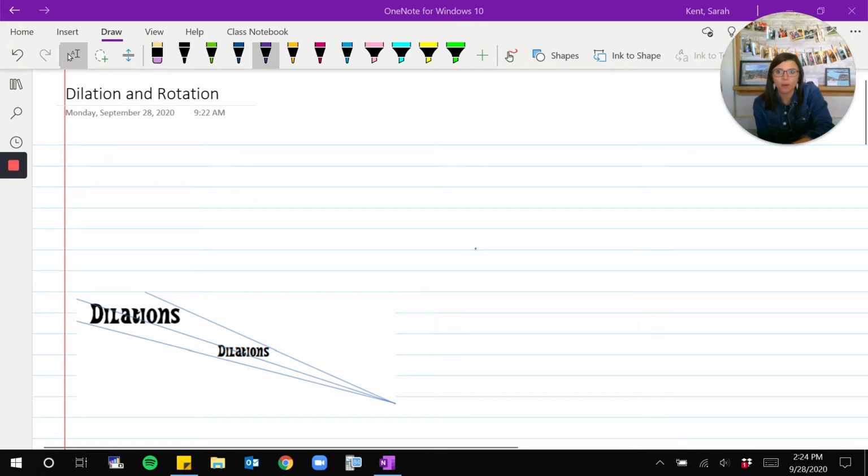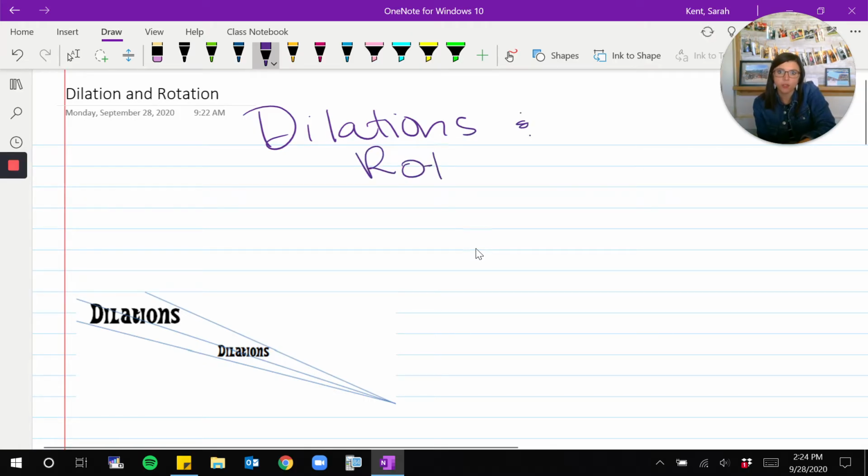Today we are going to be looking at dilations and rotations. So first we will look at dilations. So there's my title for the notes, dilations and rotations.